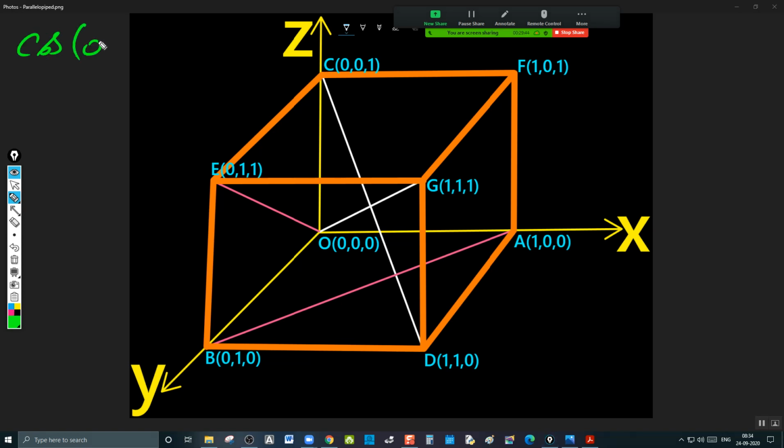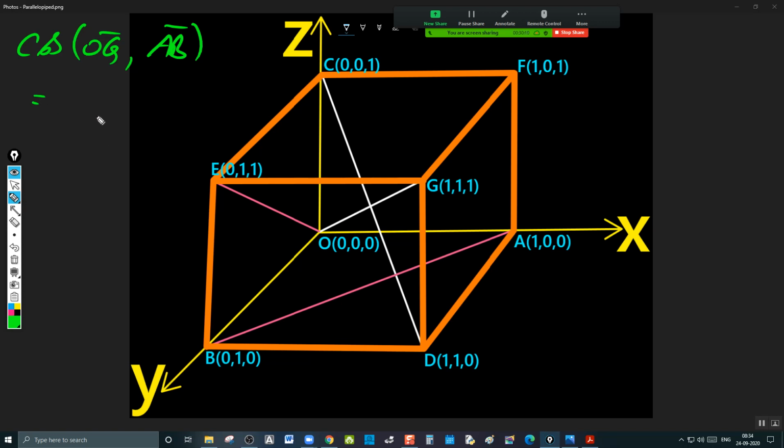Cos of OG bar comma another face diagonal which is skewed to it. I have taken OG, but I don't take OE because it is passing through the common point O. I'll be taking AB bar there. OG bar, comma, AB bar.